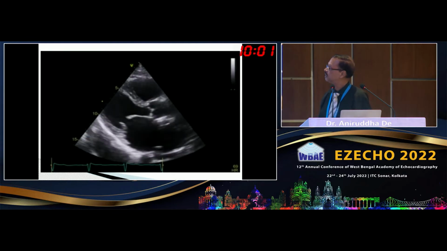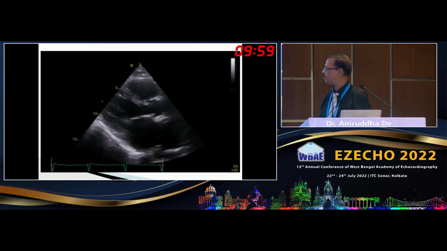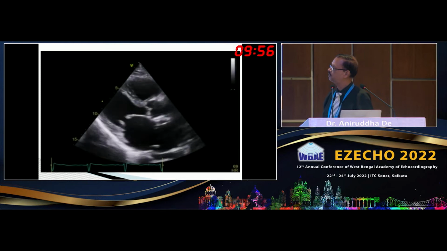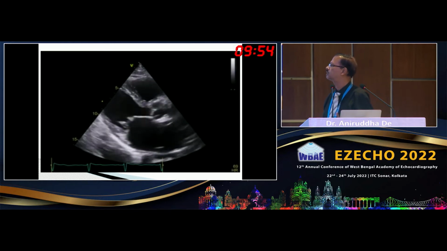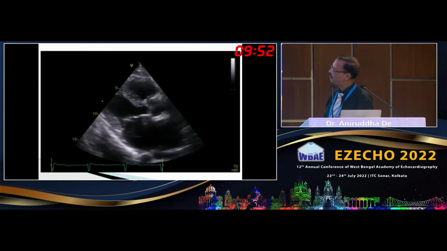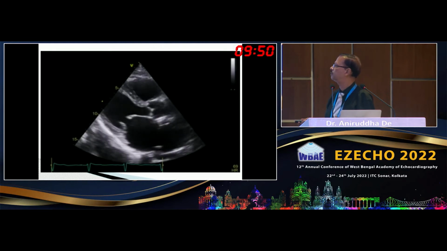Anyway, now is the proper echo. This is the first picture I saw, the parasternal long axis. The LA is enlarged, but there is something within the LA. You can appreciate it.